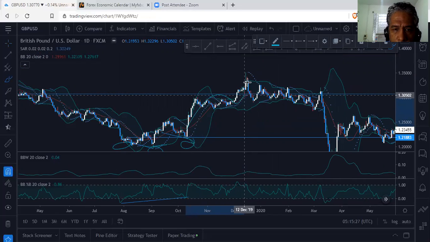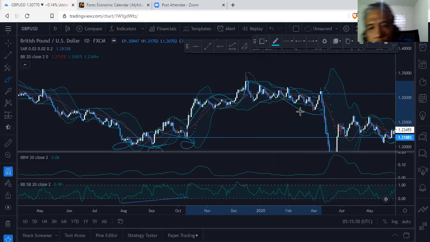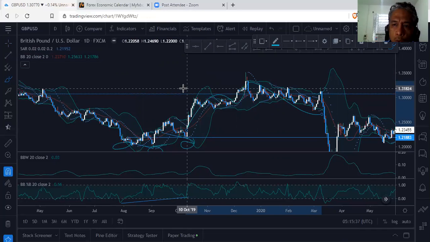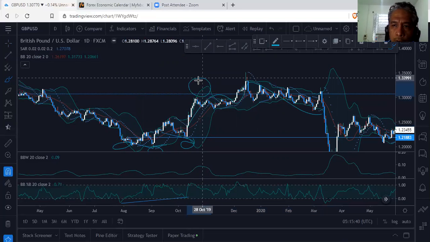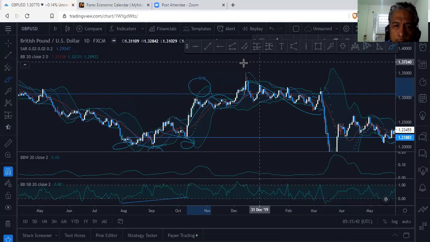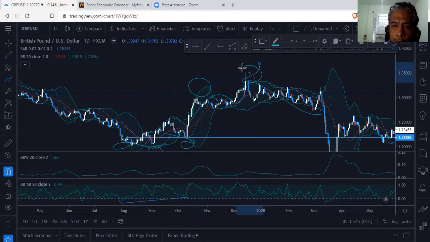And so as you can see, the market is really forming a bigger head and shoulder pattern right here.